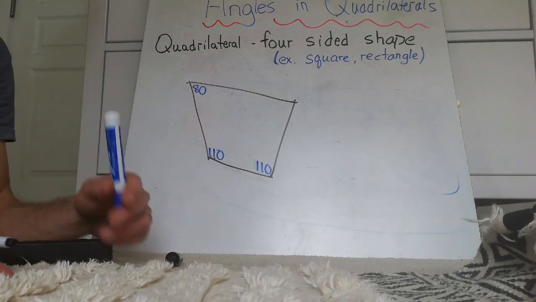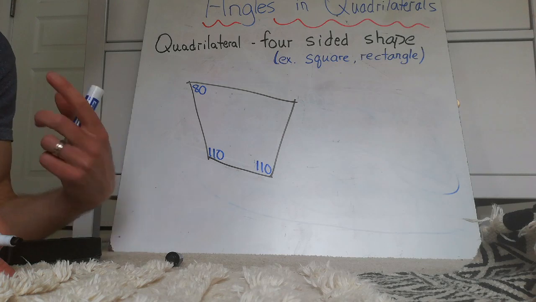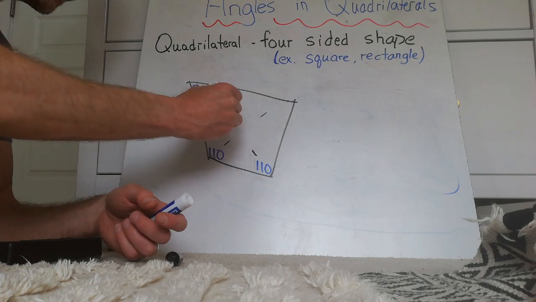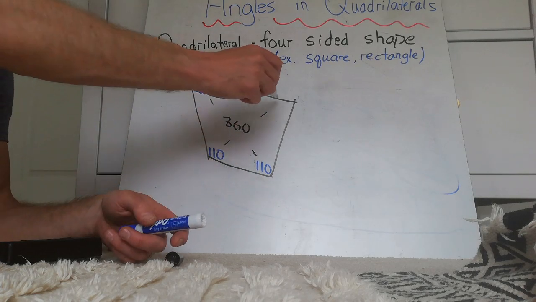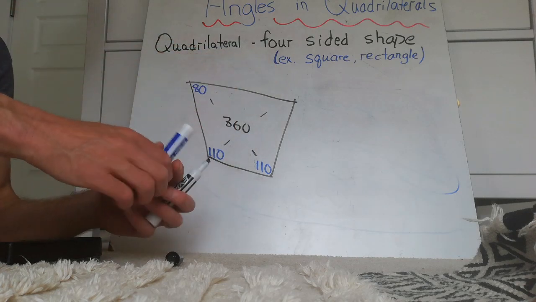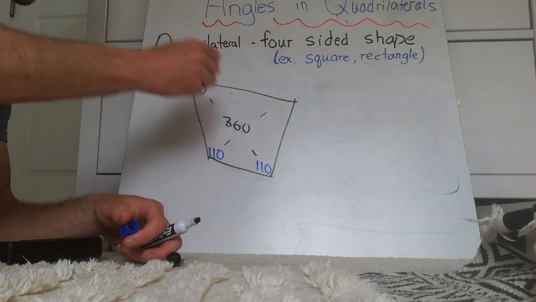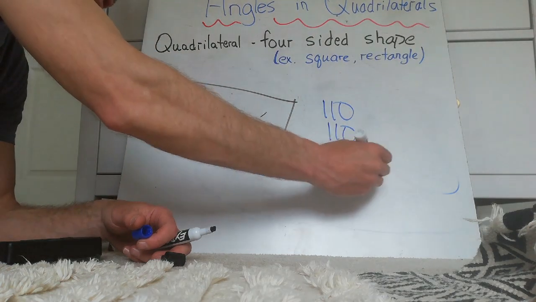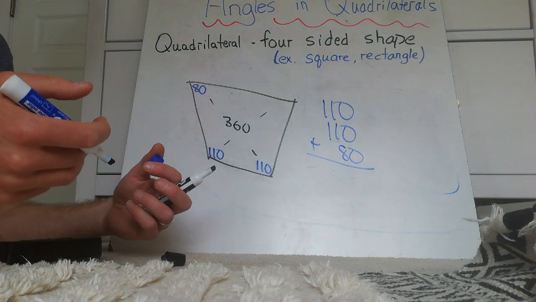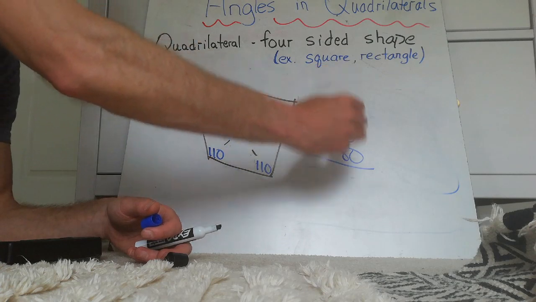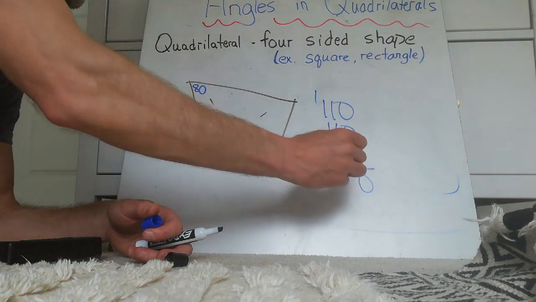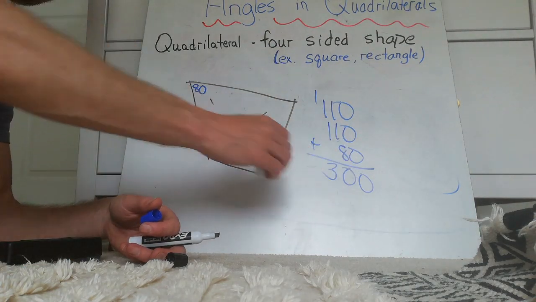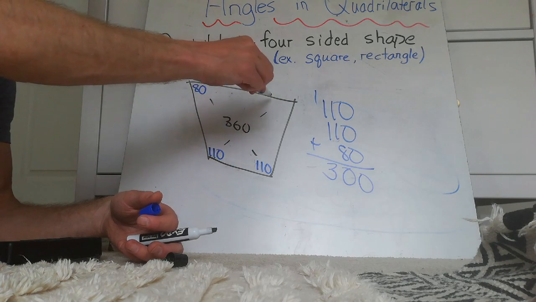Okay, last example. Again, our key number here is 360 degrees. When all these are added together, we get 360. We're looking for this missing angle, and I'd suggest adding up the three angles you know: 110, 110, and 80. That makes 300. Since this is 300 and we need to get to 360, the missing value would be 60.